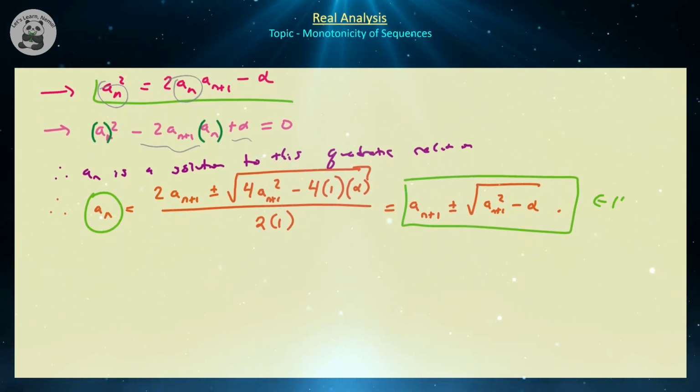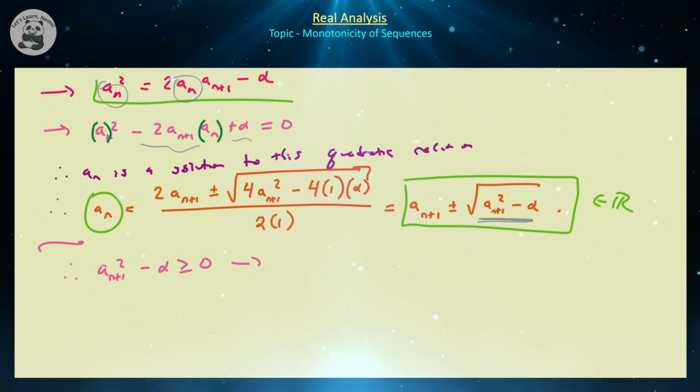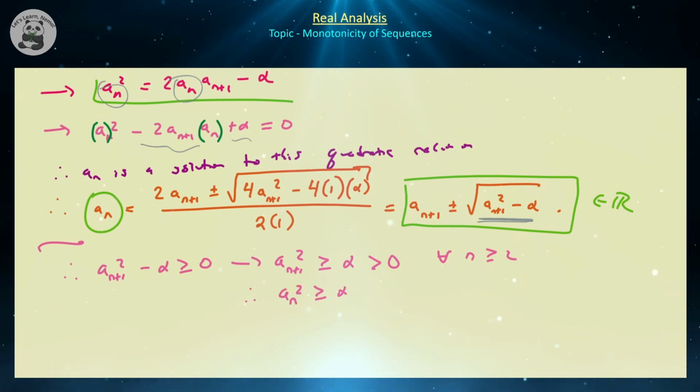And since a_n is a real number, what can you tell me about the discriminant of this quadratic relation? So if it is a real number, that means that a_{n+1} squared minus alpha must be a non-negative quantity, which means that a_{n+1} squared must be greater than or equal to alpha. And we've already assumed by definition that alpha is a positive quantity. Right? And if a_{n+1} squared is greater than or equal to alpha, and that's obviously going to be true for all n bigger than or equal to 2, that means that a_n squared is also greater than or equal to alpha, and that's also greater than 0, and that's going to be true for all n in the set of natural numbers.